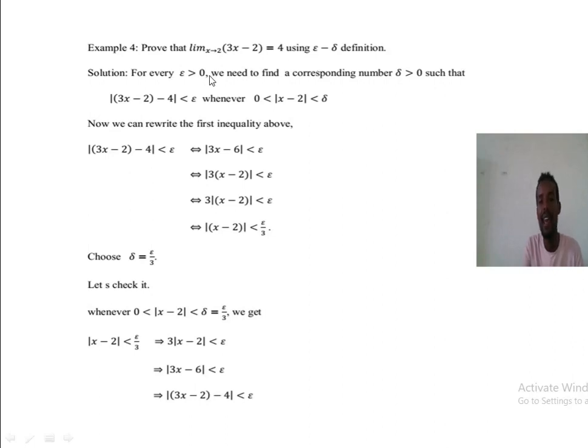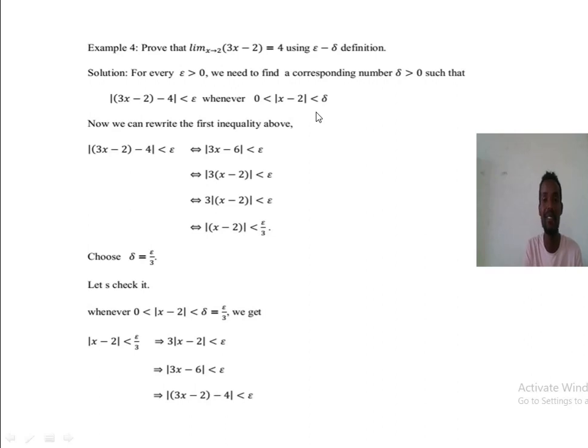For every epsilon greater than 0, we need to find a corresponding number delta greater than 0 such that absolute value of 3x minus 2 minus 4 is less than epsilon whenever 0 is less than absolute value of x minus 2 less than delta.